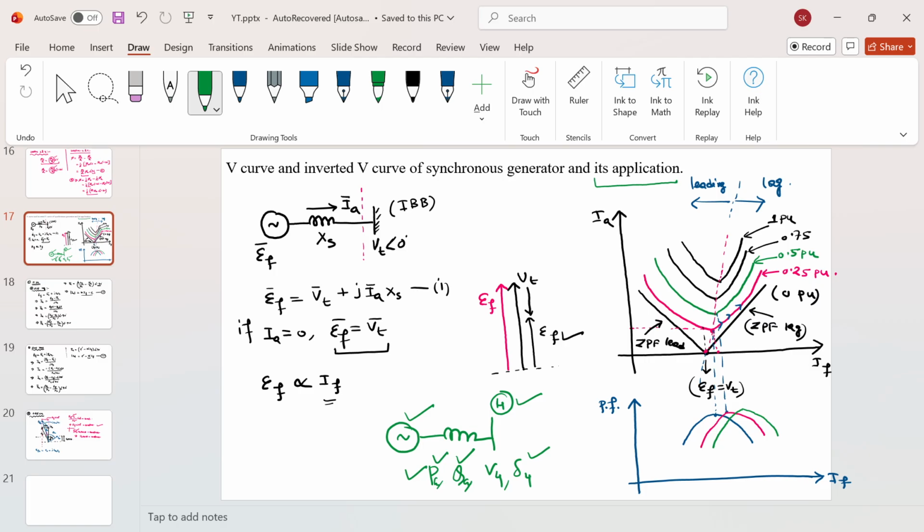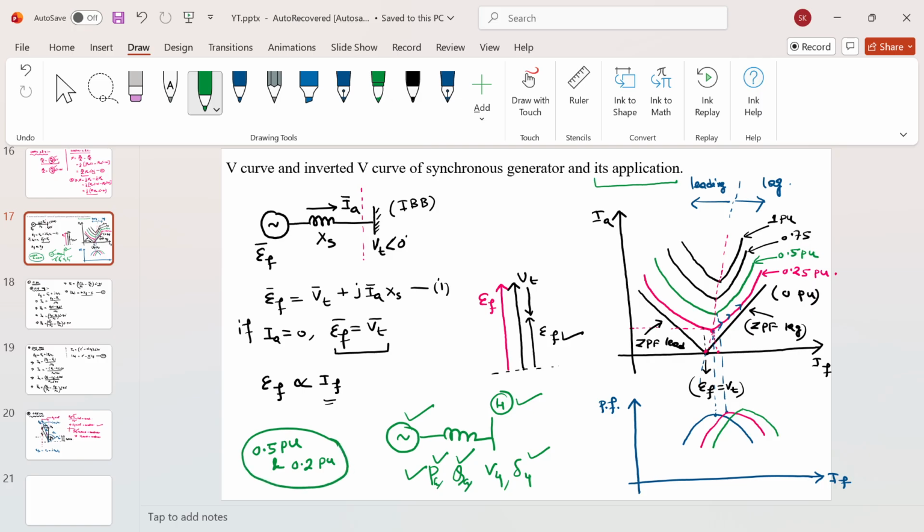Obviously P demand will come from the mechanical side, so you don't have any control there, but to deliver a certain amount of reactive power, you have to adjust the field current. For example, let's say after load flow solution, you got to know that your generator needs to deliver 0.5 per unit active power, and maybe 0.2 per unit reactive power. These are the two things that your generator needs to provide.